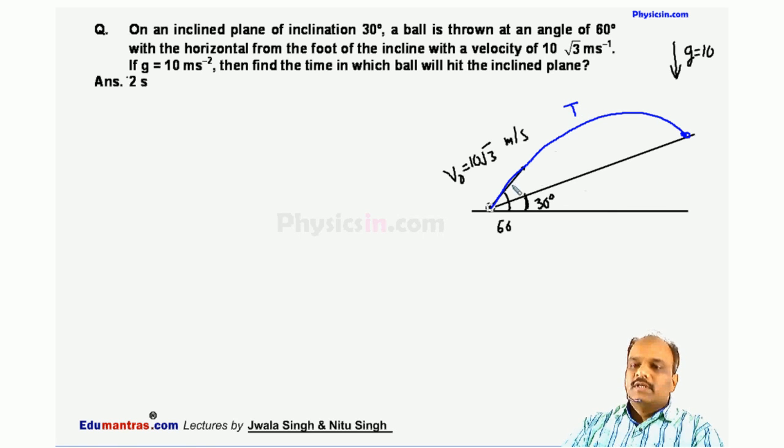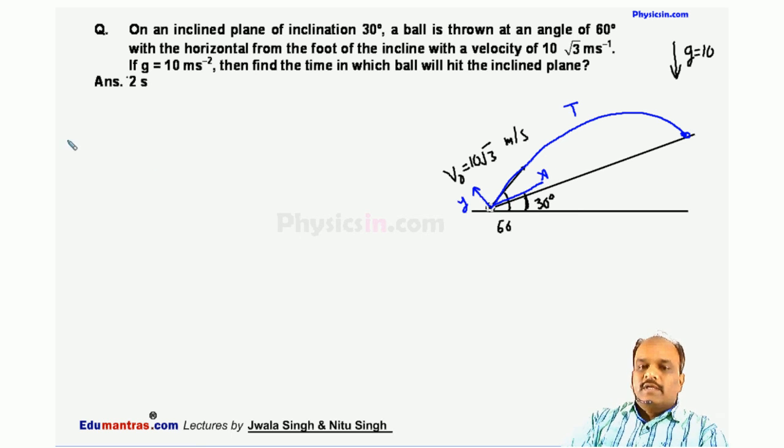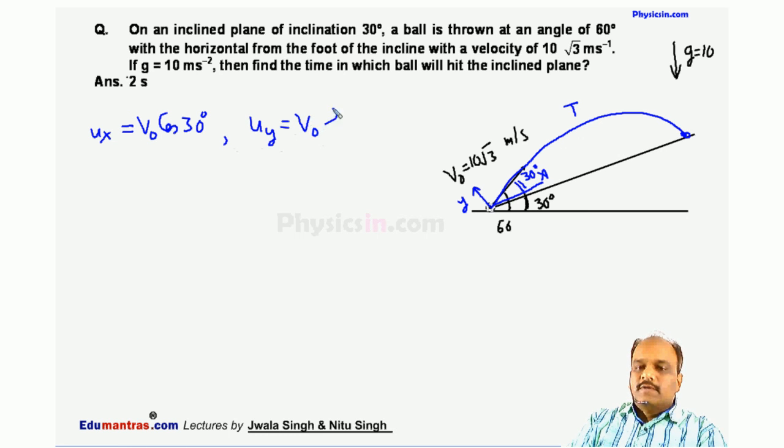Time of flight can very easily be calculated if I assume this as our x-axis and this as our y-axis. Then I can write ux. We know this angle is 60 degrees, so this angle is 30 degrees. So ux is v naught cos 30 and uy is v naught sin 30.